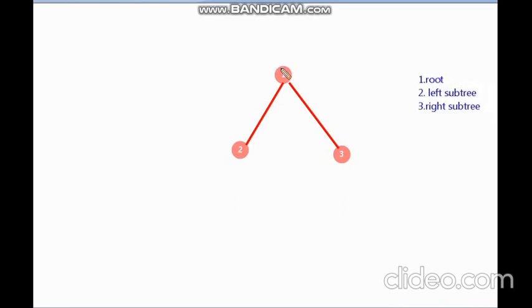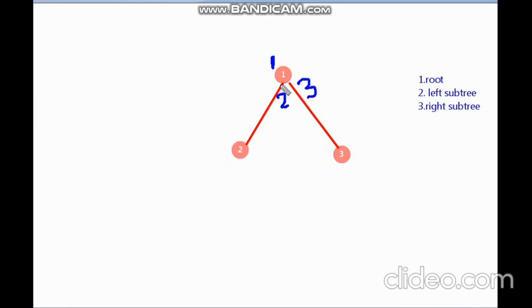So here 1 is the root node, hence assign 1 here, and this edge is the left subtree of this one, right? Make sure that 2 is below the edge, and this is the right subtree of 1, then 3 is outside the edge.